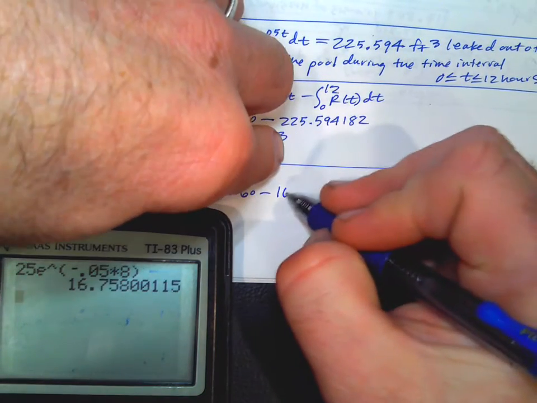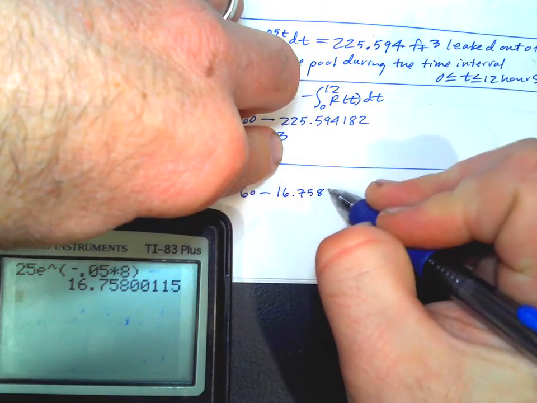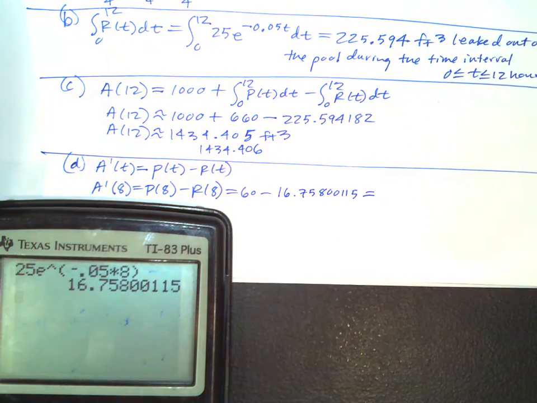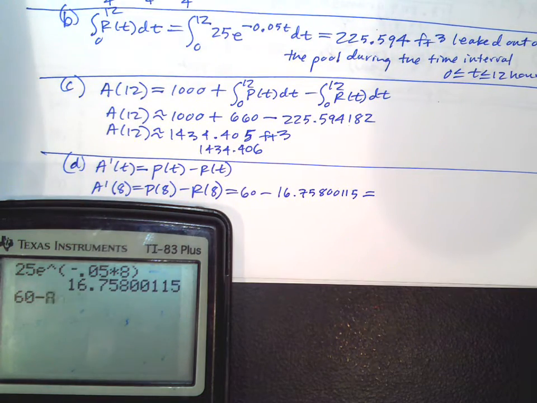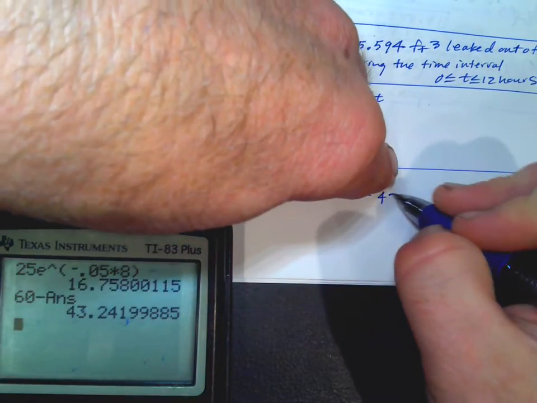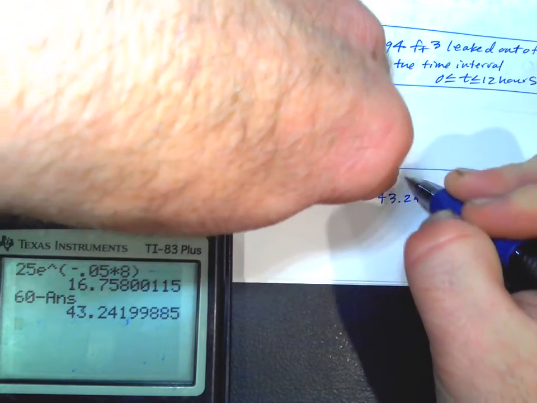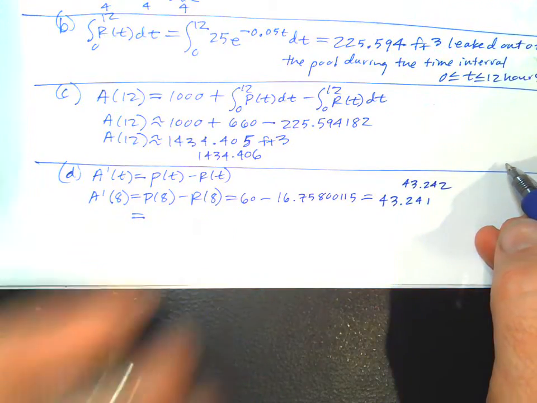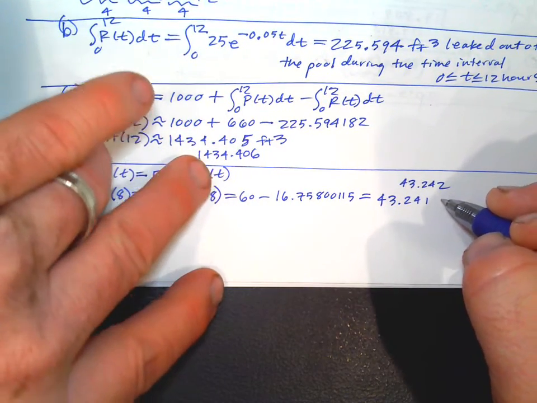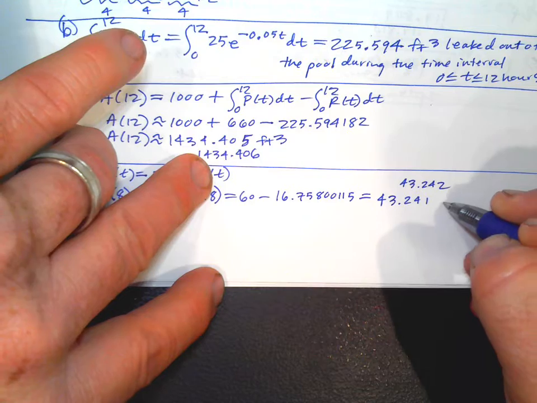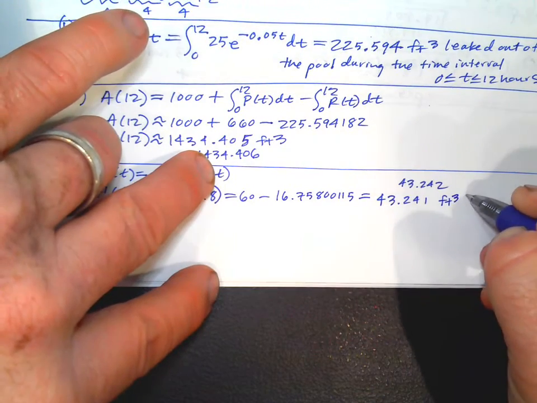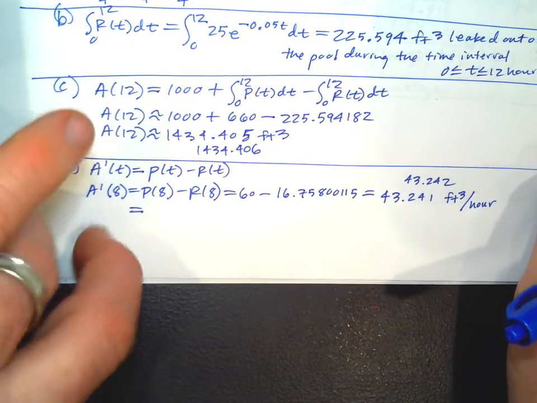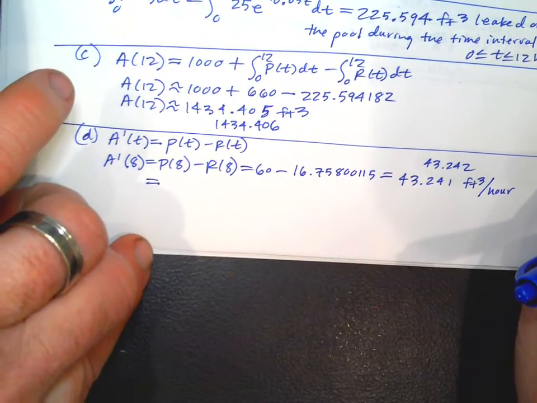So 16.758001115. And so I'm going to do 60 minus the previous answer, 43.241 or 43.242. That's the rate. And that's going to be cubic feet per hour. It said indicate units in both answers, so you better have your units.